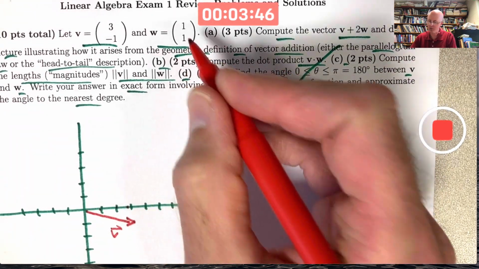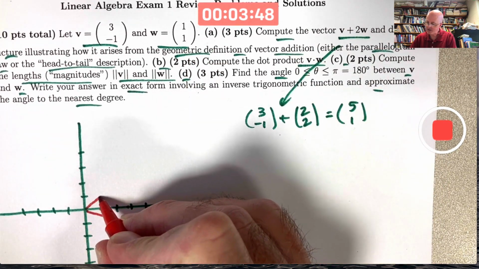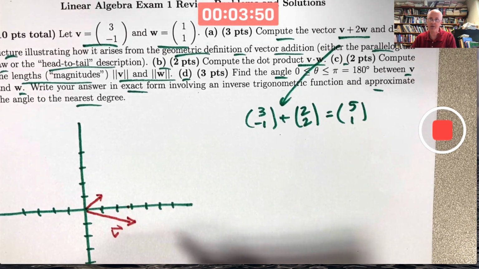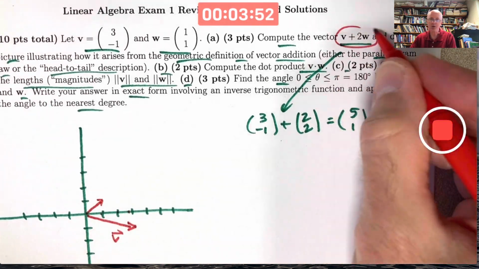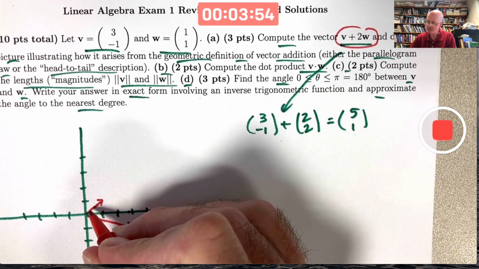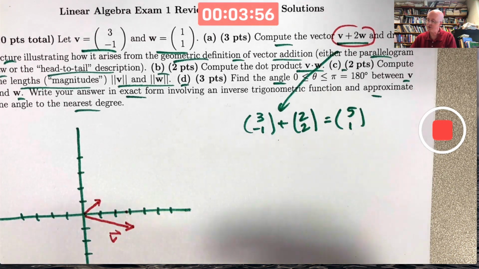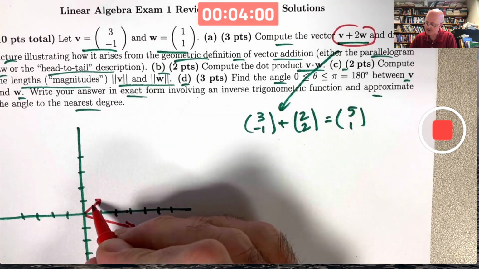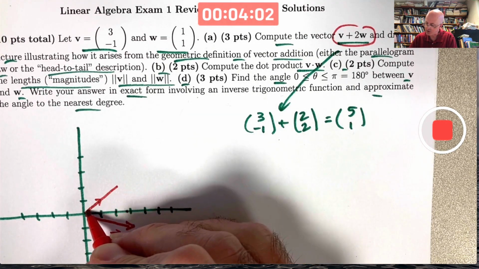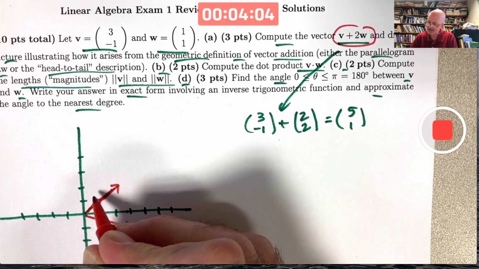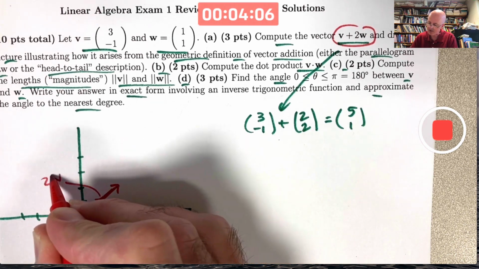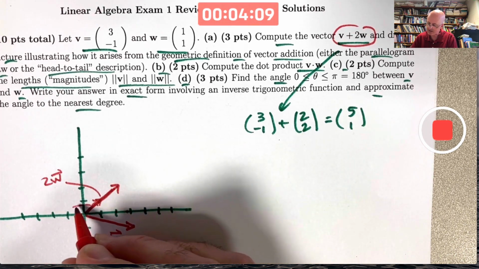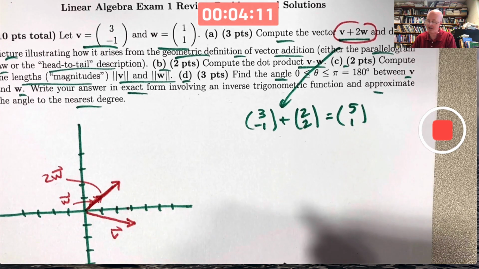W is 1, 1. If I put its tail at the origin, it brings me right there, but I want to interpret v plus 2 times w, so I need to multiply that by 2. I need to scale it. 2 is the scalar that's going to make 2 times w twice as long as w itself, so that'll bring us to 2, 2. Let's emphasize that. That's 2w right there, and if you want, you can also draw w itself right there, like I did.